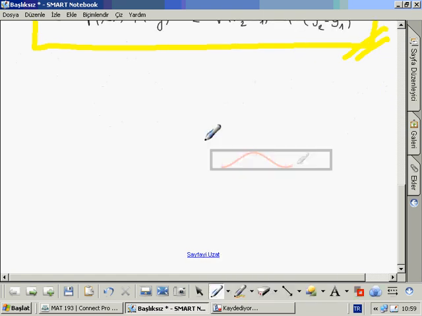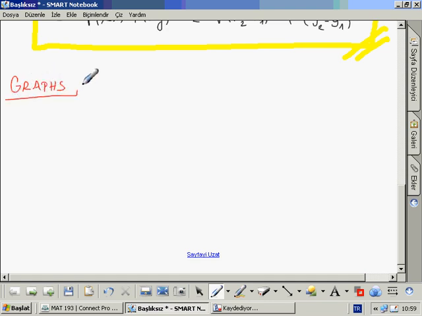And let's talk about the graphs. The graph of an equation or inequality involving the variables x and y is the set of all points, which is the P of x comma y, whose coordinates satisfy the equation or inequality. Let me show an example.